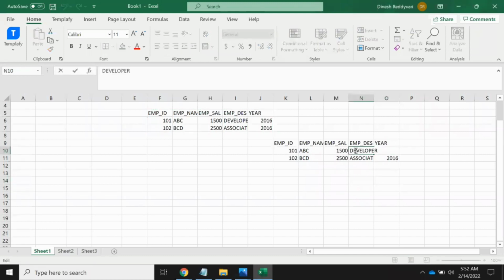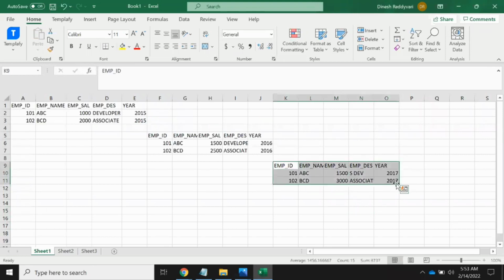Let's assume that instead of developer, he becomes senior developer, the same 2017. Now the other employee's salary is again 2500 to 3000, and his designation didn't change, he's still associate.